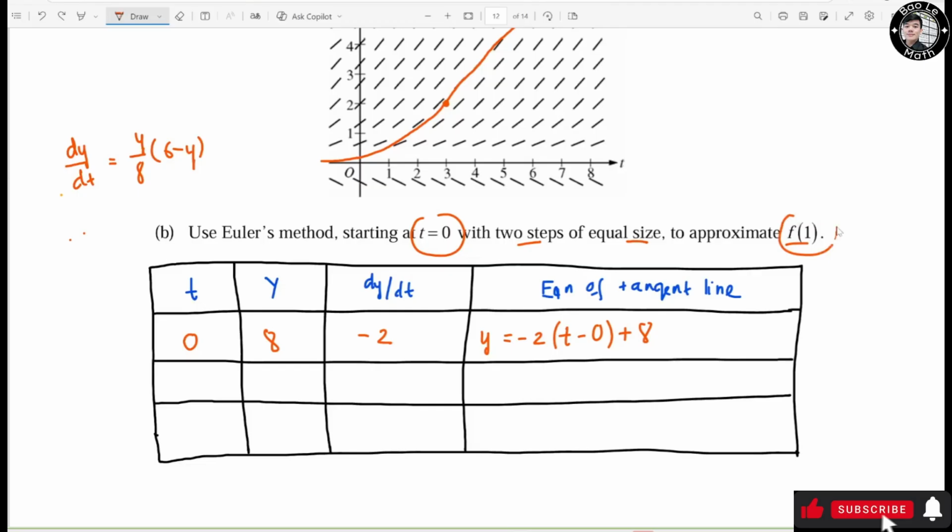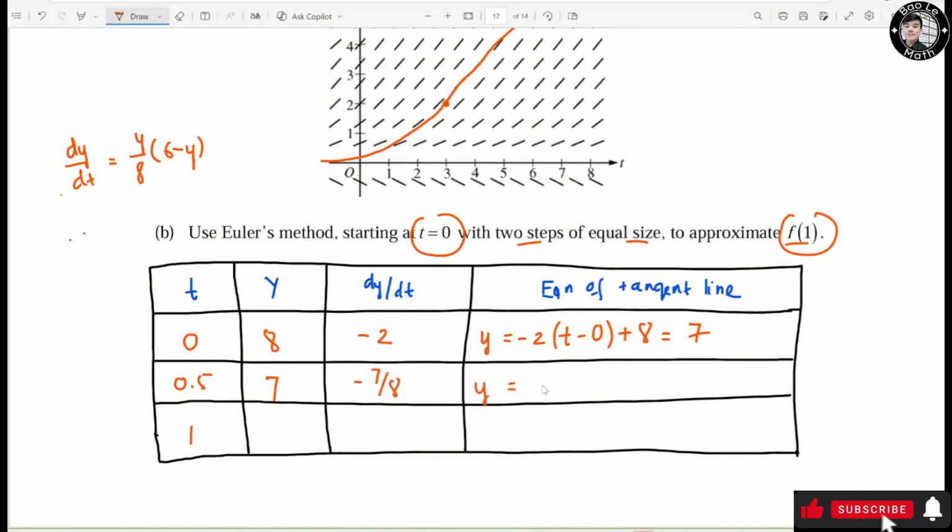Now we're going to stop at 1. We have two steps of equal size. So this one should be 0.5 and this one should be 1, right? Substitute 0.5 for t over here. So we have -2 times 0.5 is going to be -1, plus 8 is going to be 7, right? Now put 7 over here. So dy over dt is going to be 7 over 8 times 6 minus 7, which is -7 over 8, right?